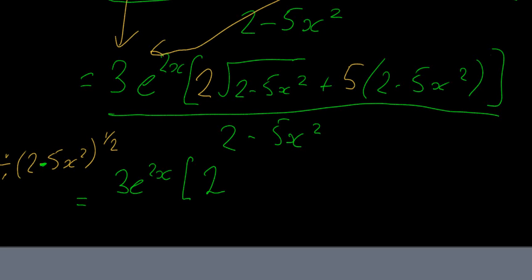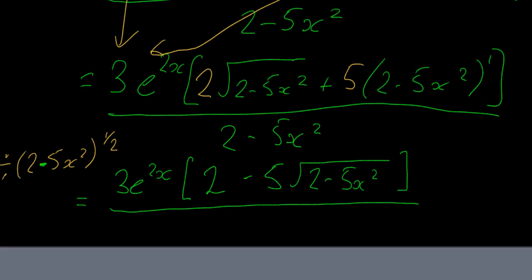We get 1 minus 5, now it's got an index of half, so square root is the same thing. And the denominator also gets divided by this as well, so 2 minus 5x squared down here.